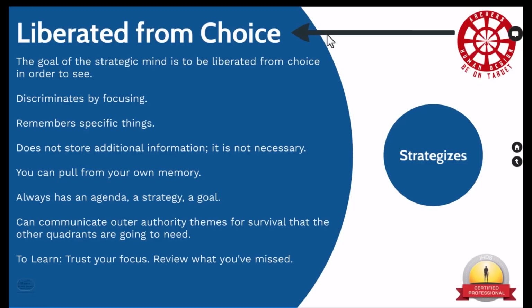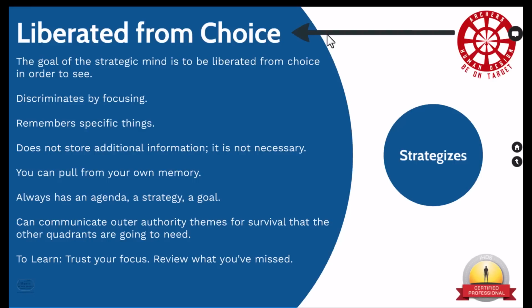The conscious personality construct, strategizing with things. It remembers specific things. It doesn't store additional information that's not necessary. We are designed to pull from our own memory. And the strategic mind always has an agenda, a strategy, a goal in mind.